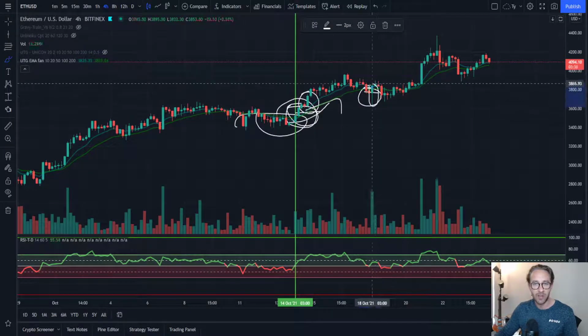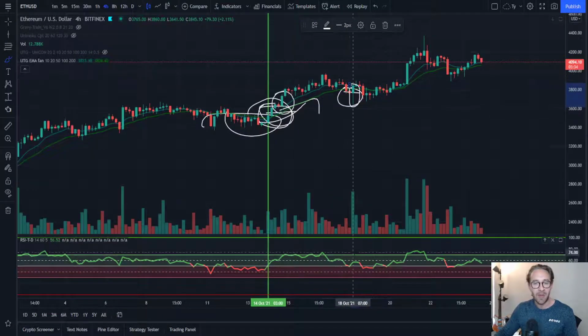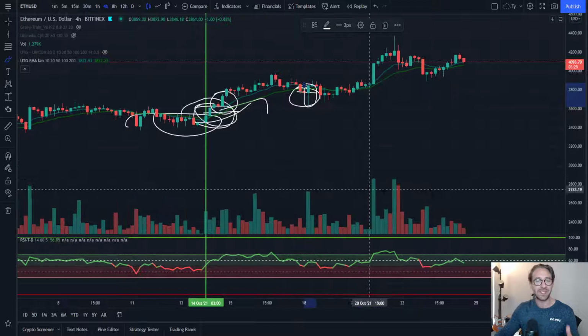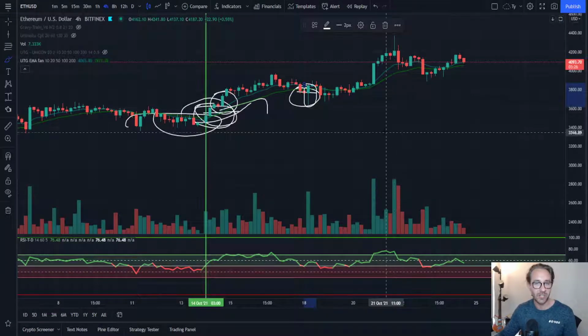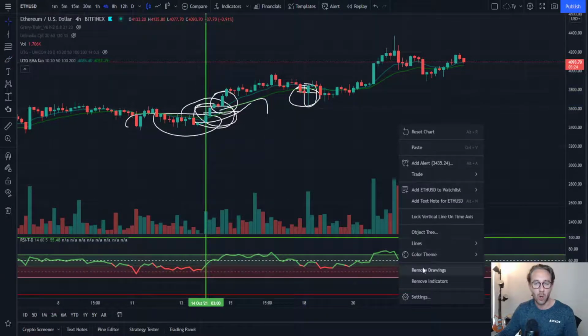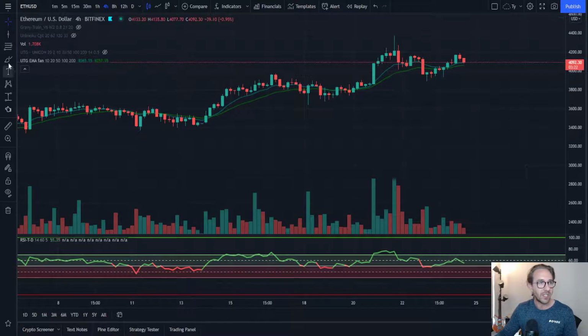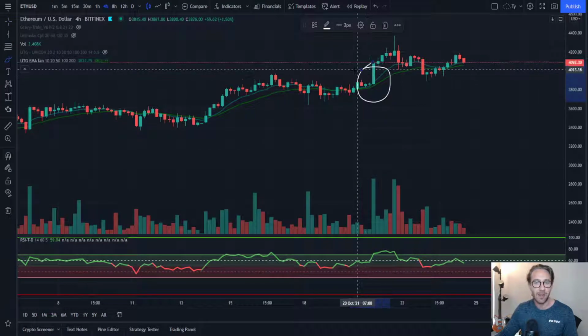I probably would have been stopped out here, admittedly, but our RSI is still above our 50 level. So that would be one form of confirmation telling me that we could potentially hold that trade. But then it wasn't until we had price action again trending above our 10 and 20 EMA that for me, that was a pretty solid confirmation.